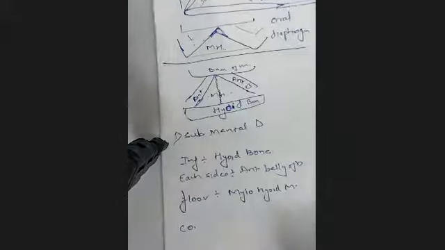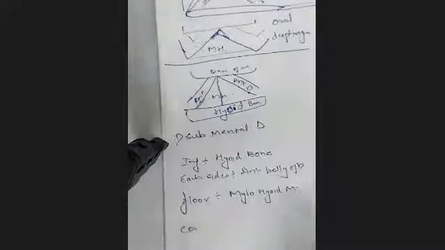What are the contents of this triangle? The contents of this triangle are submental lymph nodes.